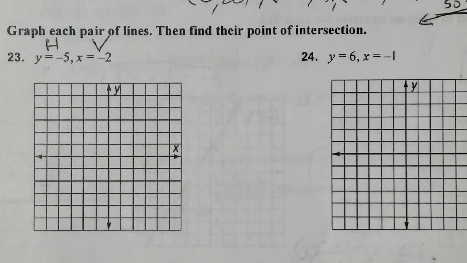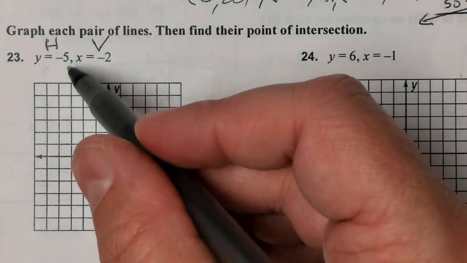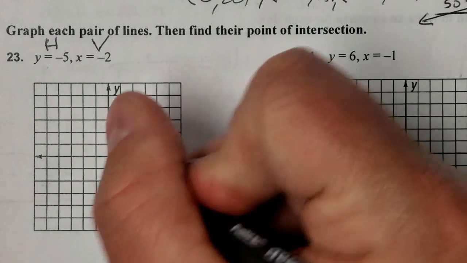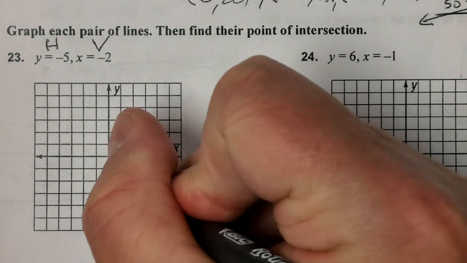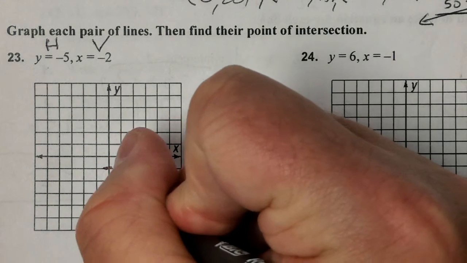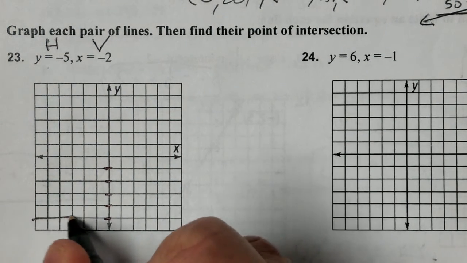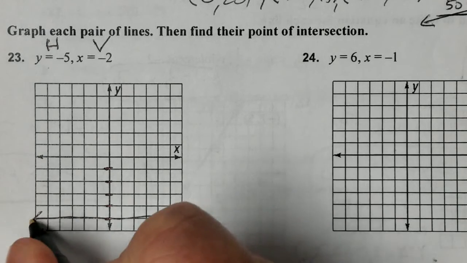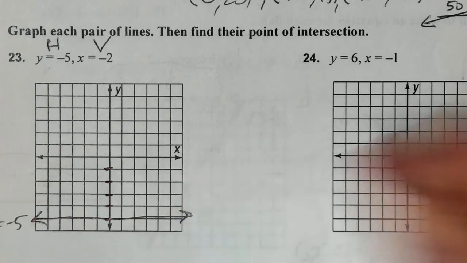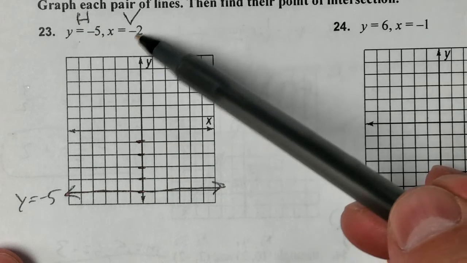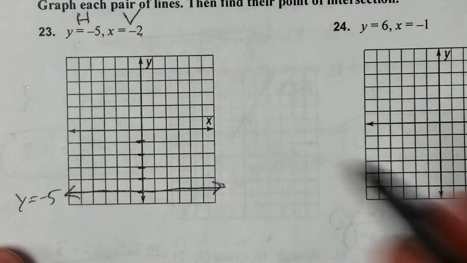So what we're going to do is graph your -5 like we did earlier. 1, 2, 3, 4, 5. So this is your horizontal line that's y equal -5. And then your vertical one would be x equal -2.